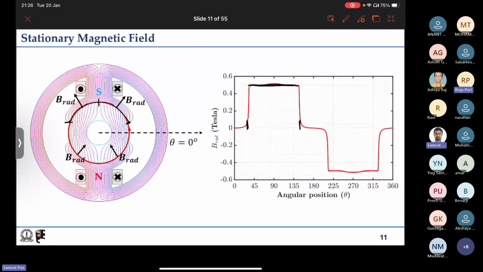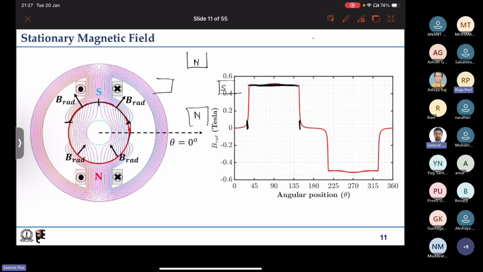If we had two more stator poles, at the zero degree side and the 180 degree side, and we excited them also, something like this: you have one pole, another pole, a third pole, and a fourth pole, and you excite them with DC excitation.